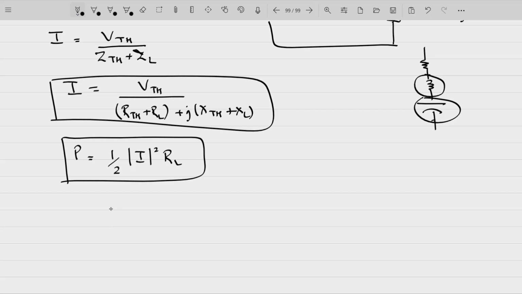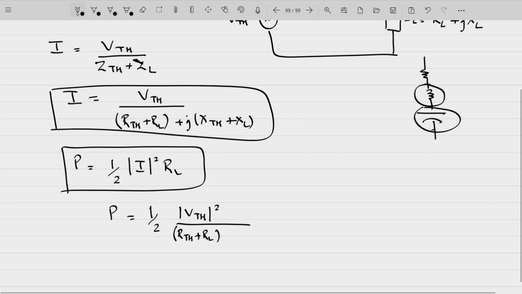So substituting for I in this equation, P will be equal to 1/2 of modulus of VTH squared divided by RTH plus RL whole square plus XTH plus XL whole square, into RL.